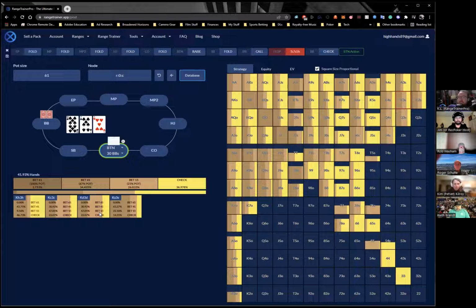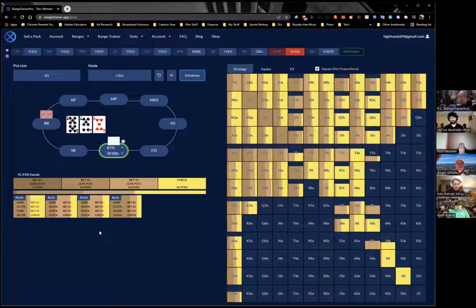However, we're still betting with the same frequency overall, but the quarter pot is now the dominant bet sizing with clubs and diamonds, and the two-thirds is the less dominant. They kind of flip there, if you can tell based on the colors.